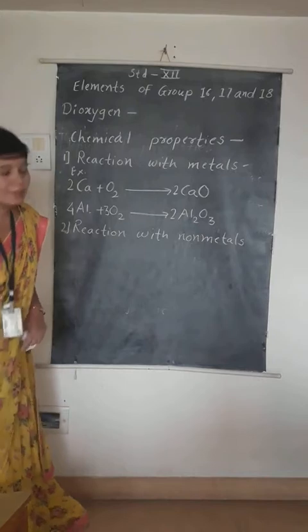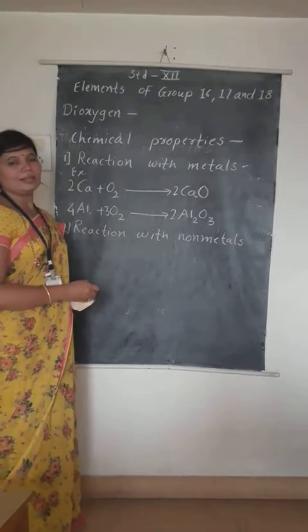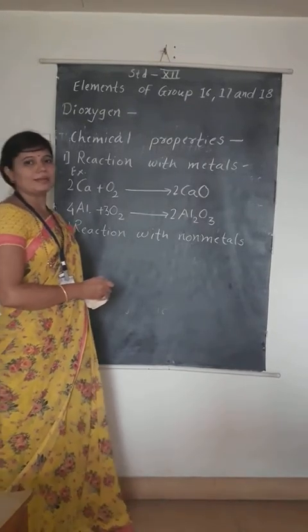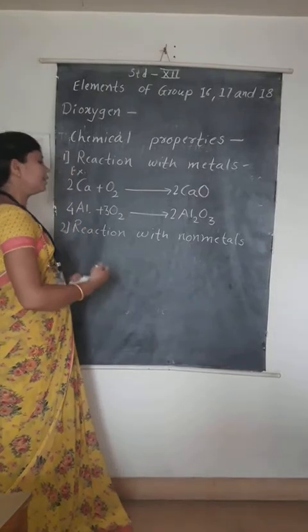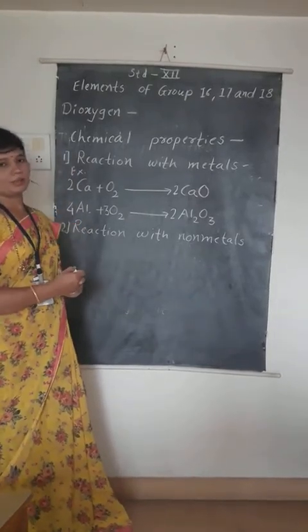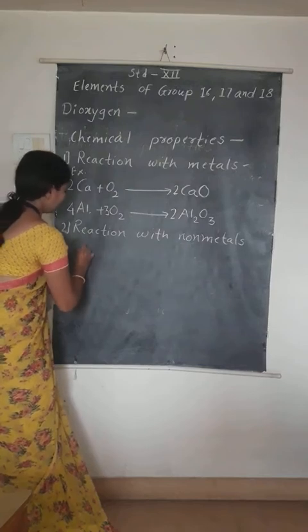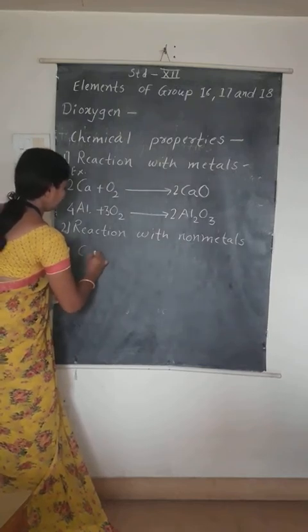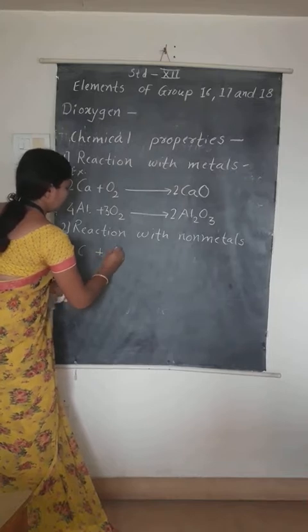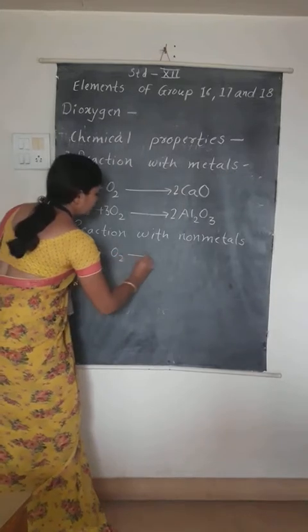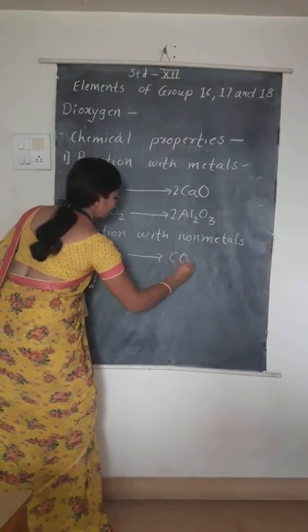See students, except inert gas elements or noble gas elements, dioxygen reacts with almost all non-metals. For example, when dioxygen reacts with carbon, it gives the formation of carbon dioxide.